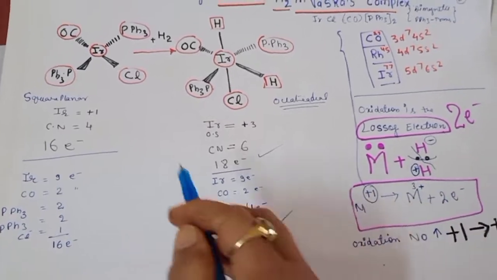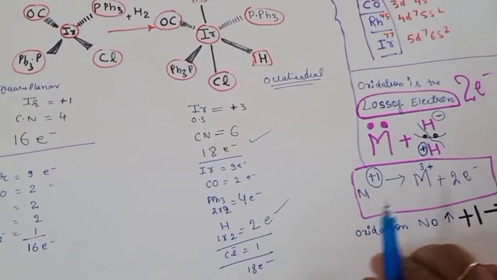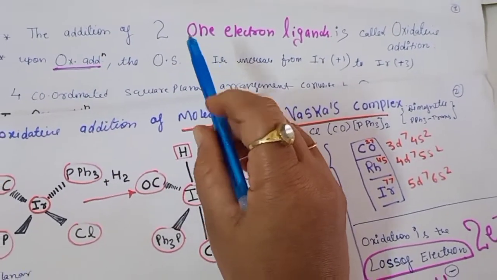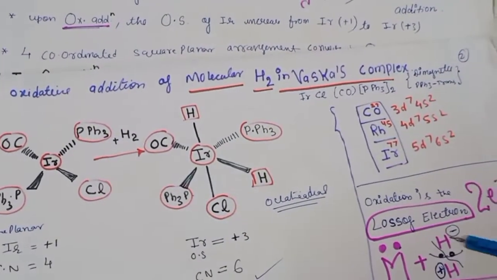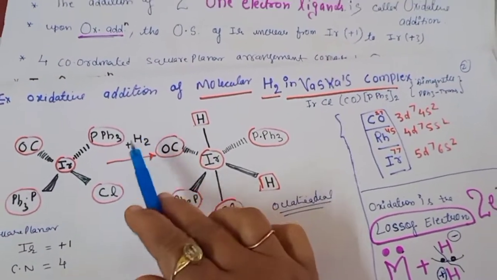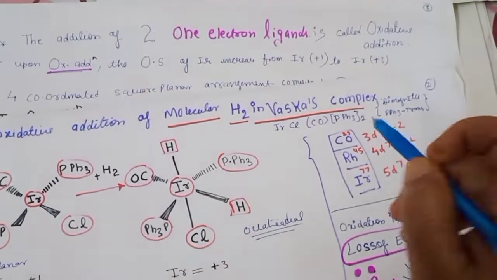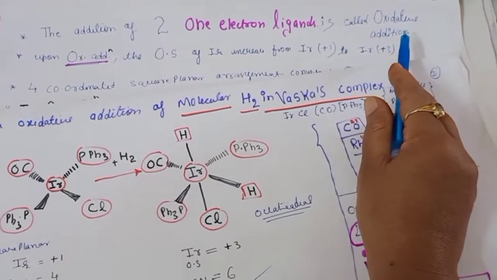First you have to remember how we define the oxidative addition reaction: the addition of a ligand that splits into 2 one-electron ligands. The hydrogen was molecular at first, now it is broken down, so there will be 2. This is called oxidative addition.